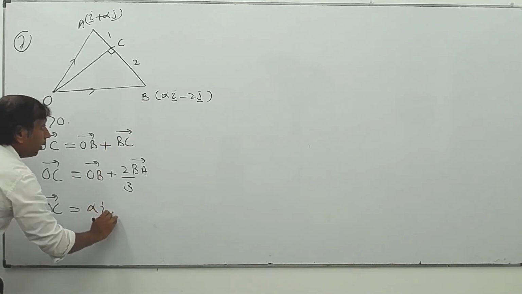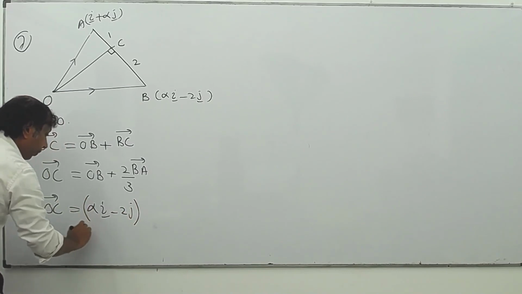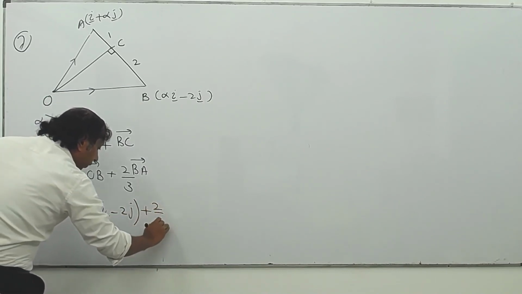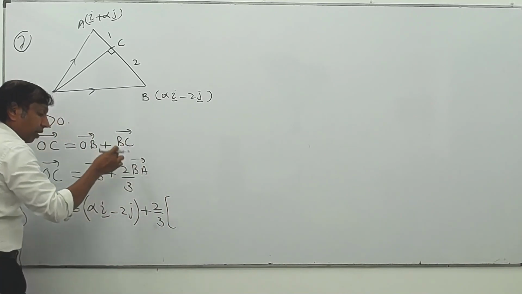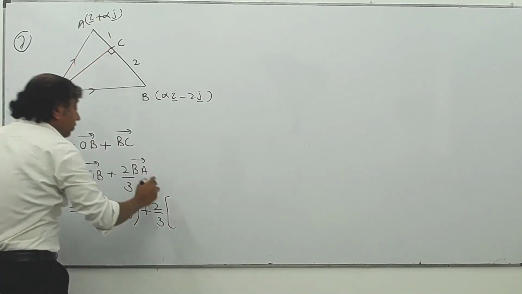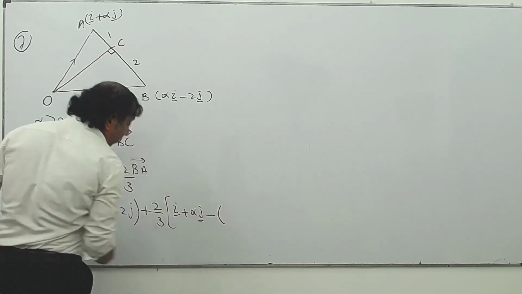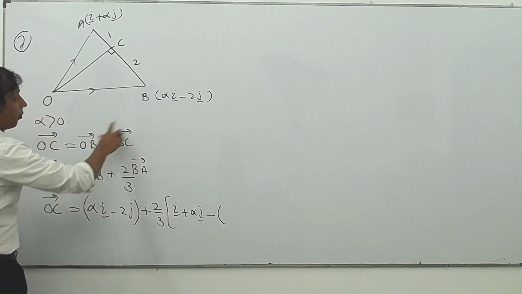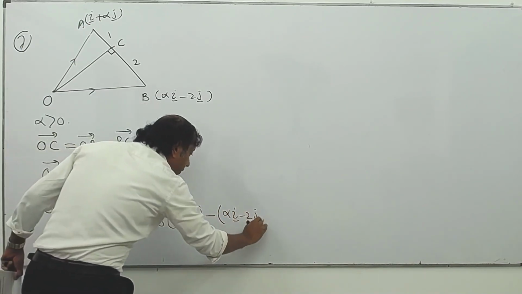Alpha i minus 2j plus 2/3 BA. BA means second letter position vector minus first letter position vector. Second letter is A, i plus alpha j, minus B position vector, alpha i minus 2j. Right.